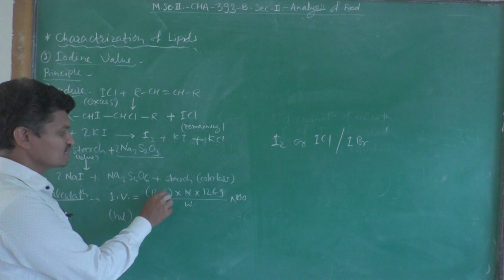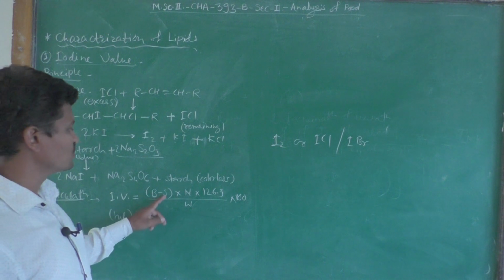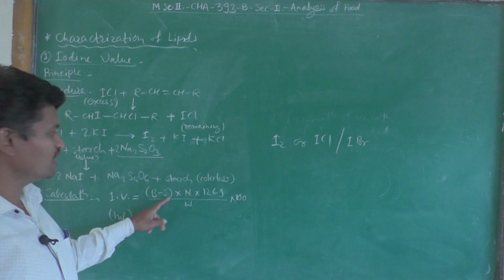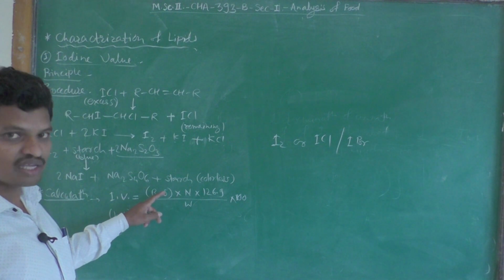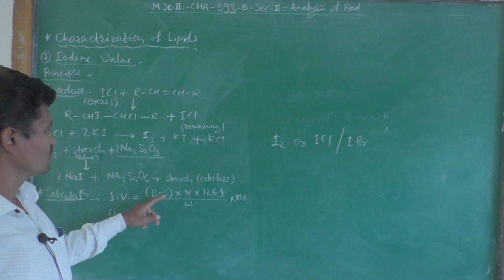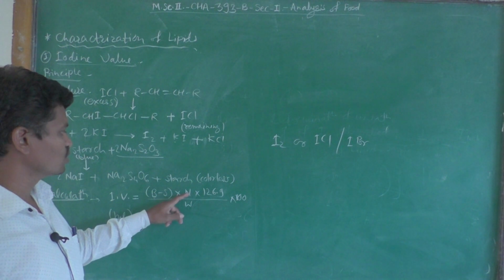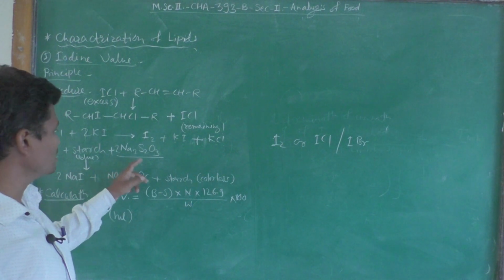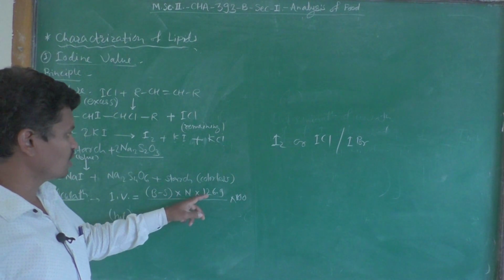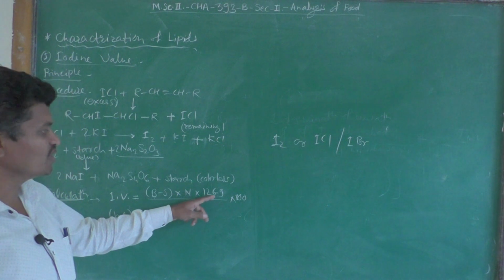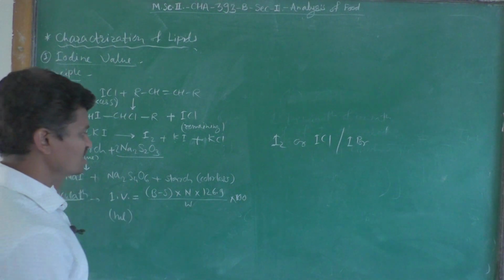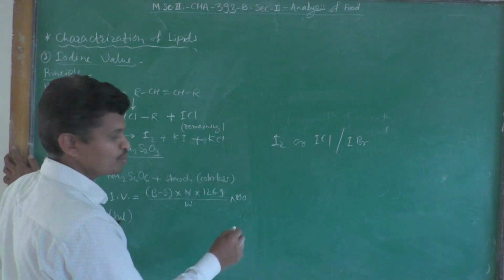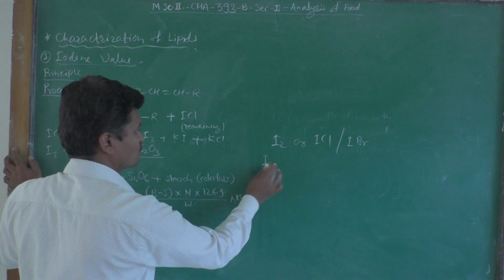S is the volume of titrant for the lipid sample in ml, N is the normality of sodium thiosulfate, and 126.9 is the molecular weight of iodine, I2.